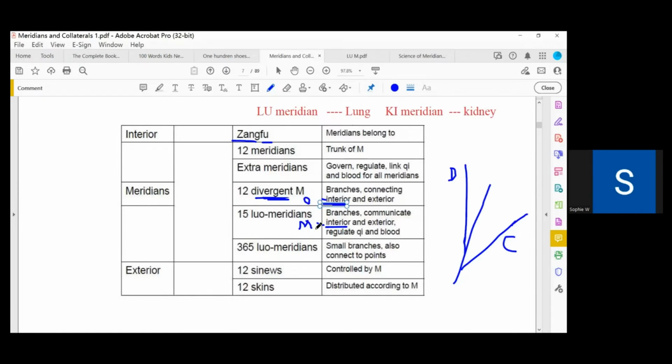Meridian is deeper. So for the collaterals, meridian is relatively deeper, interior. Right? So that's the main meridian. Compared with the collaterals, the main meridian is deeper, it's more interior.